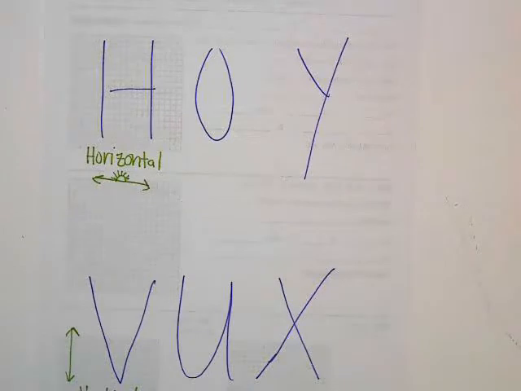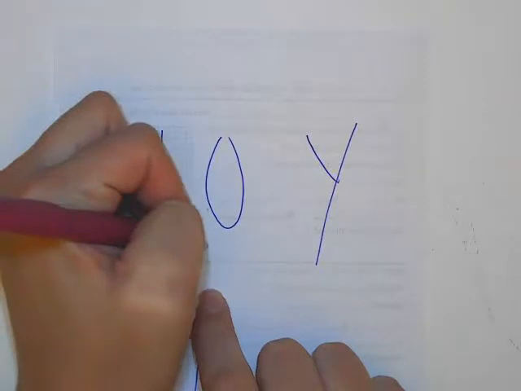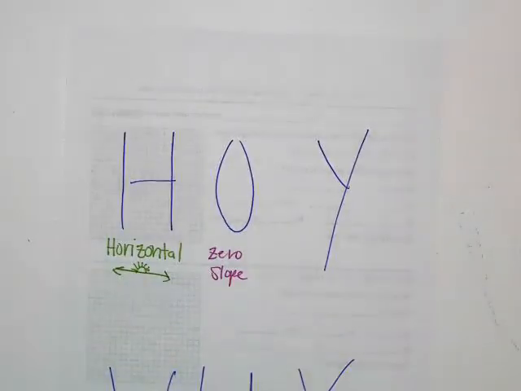Your second letter tells you what type of slope they have. The O looks like what? A 0. So this is going to be 0 slope. So if you have a horizontal line, what type of slope does it have? 0.